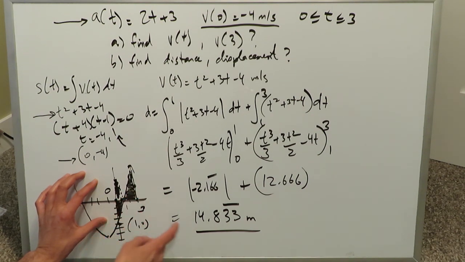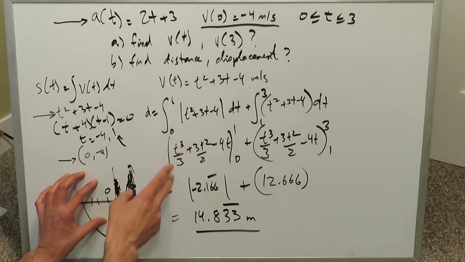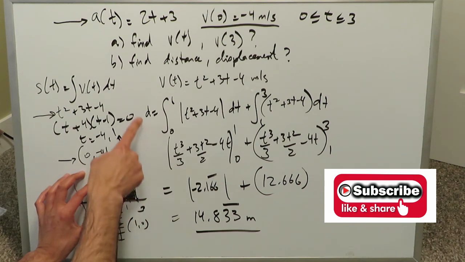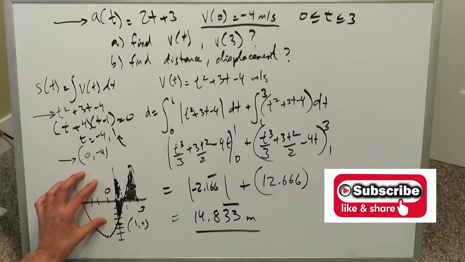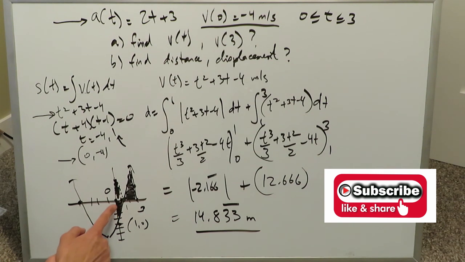Without doing the graph, we may have done the calculation straight through from 0 to 3 and ended up with that value of 10.5, and we would have incorrectly said that 10.5 is the distance, when in reality it was the displacement. But by means of the graph, we know there was a negative area and a positive area, which clued us to the fact that in this case distance and displacement are two separate values and they both need to be ascertained.